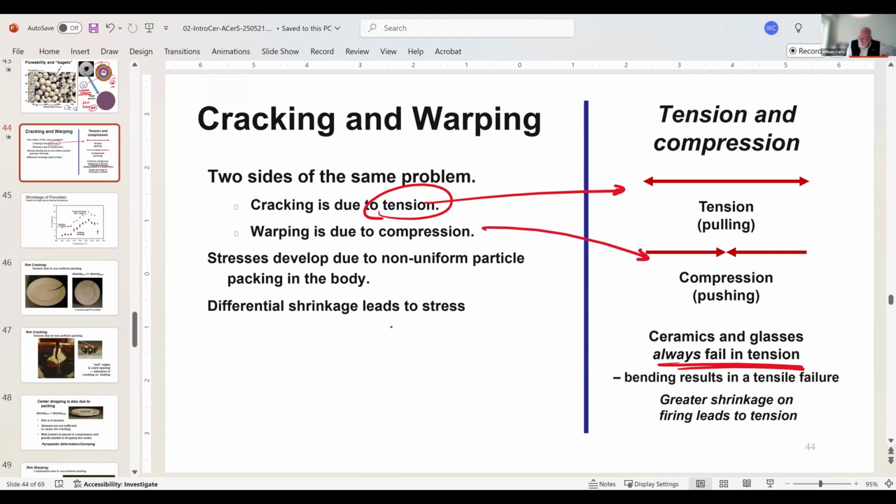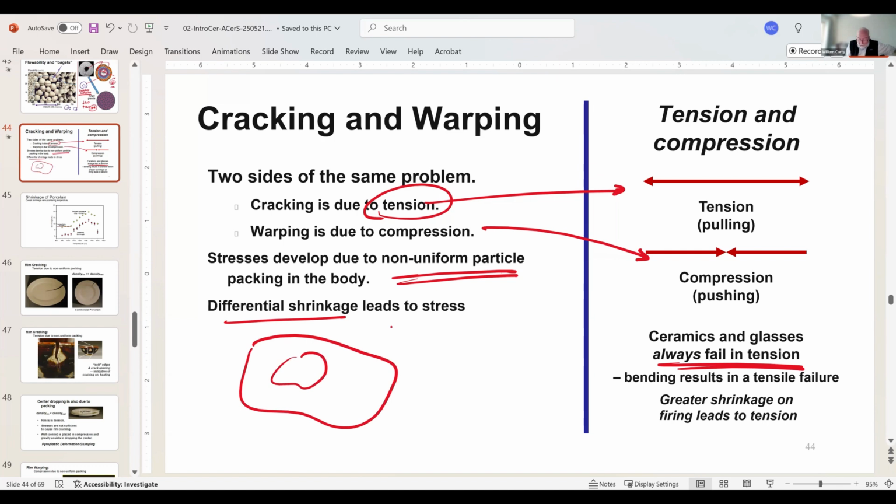Warping is caused by compression. And what that means is that non-uniform particle packing in the body leads to differential shrinkage. So if I have a body and I have a region that's poorly packed, so low density here, what happens is this wants to shrink more in the drying stages or in the firing stages, and that means that this is placed in tension.